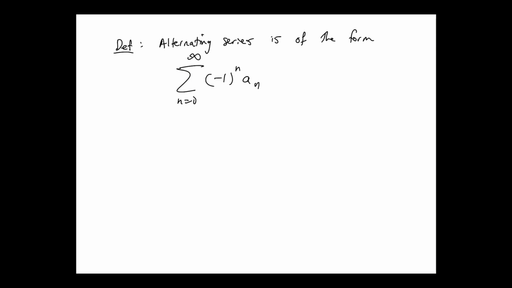All right. So we've seen an example of this. Let's take, for example, the situation where I had -1/2 to the n. What kind of series is that?